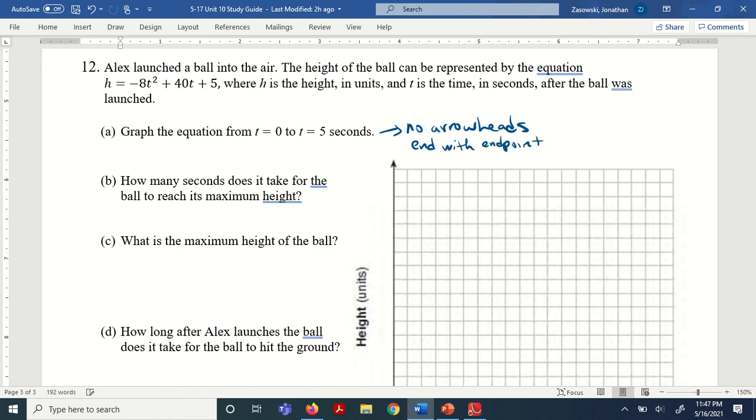So where these points are, wherever the y values are, I'm going to stop the graph at those points, and I'm going to end it with the endpoints. It doesn't go any further. So I'm going to do a t-chart, and I'm only going to do my t-chart with points 0, 1, 2, 3, 4, and 5.